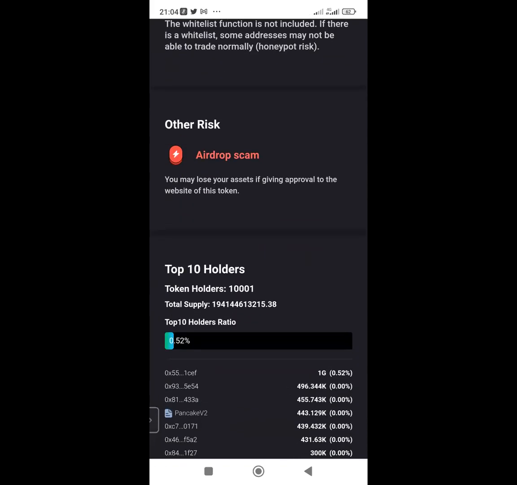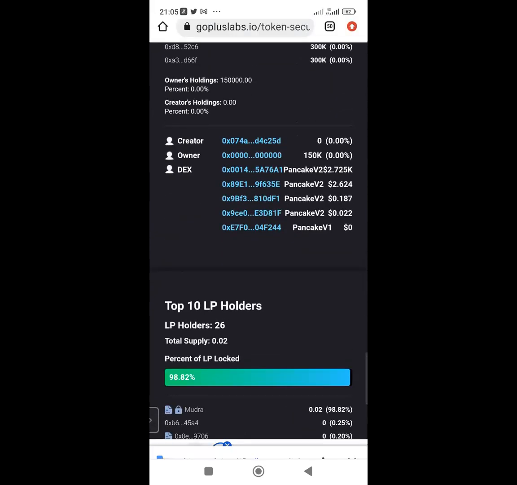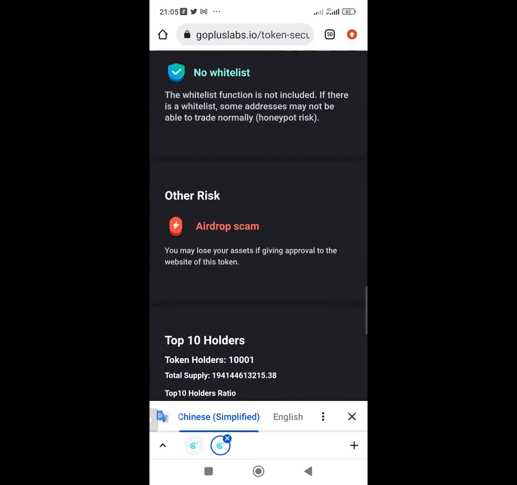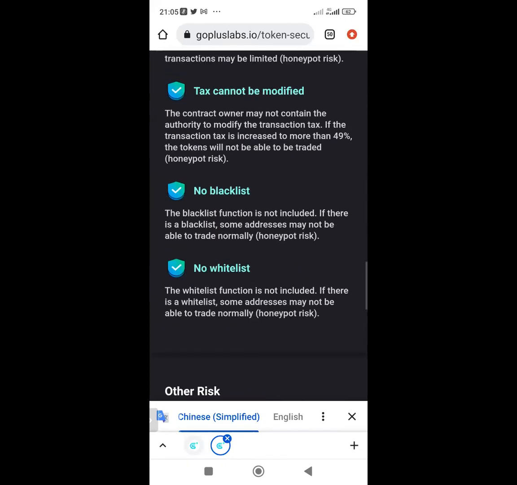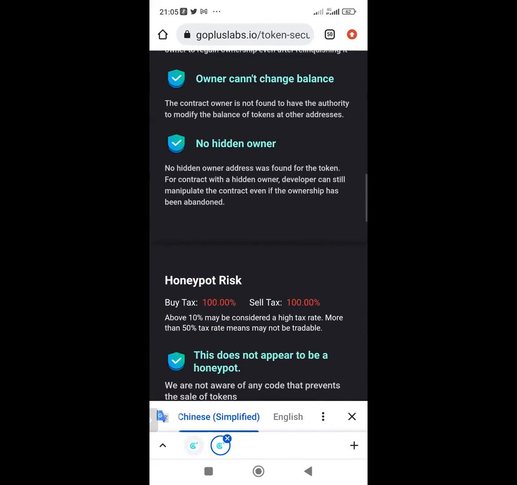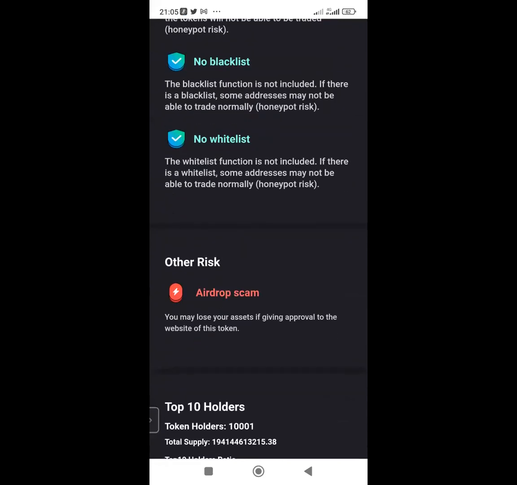Now this one is also writing airdrop scam. Are you seeing it, sir? Airdrop scam. If you give access to this to your wallet, you might lose all the rest of your assets.